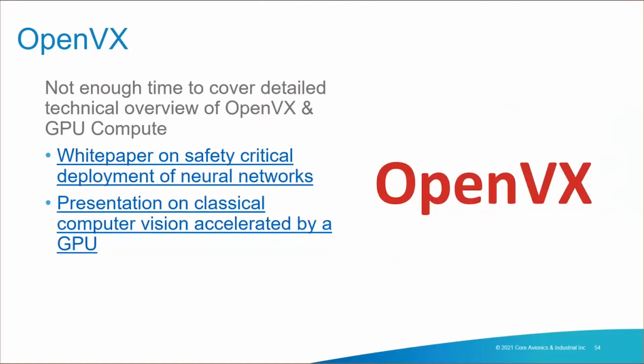You can access that on our website. You can request a copy of these slides as well to access these links directly. Also, Khronos did a previous presentation with Presagis talking about more classical computer vision algorithms and how they can be accelerated by the GPU in a safe manner. So I'd encourage you, if you're very interested in this topic, to go check out the white paper or the previous presentation that we did.